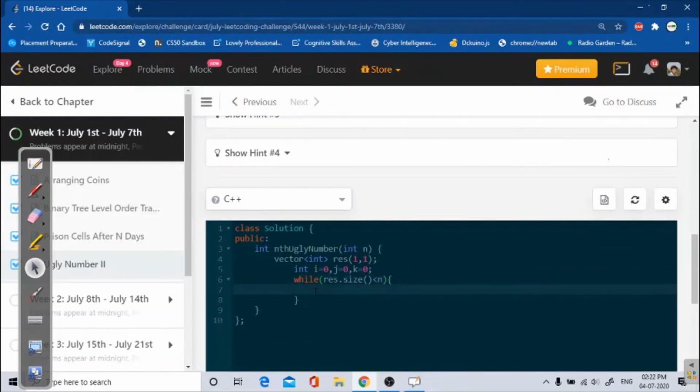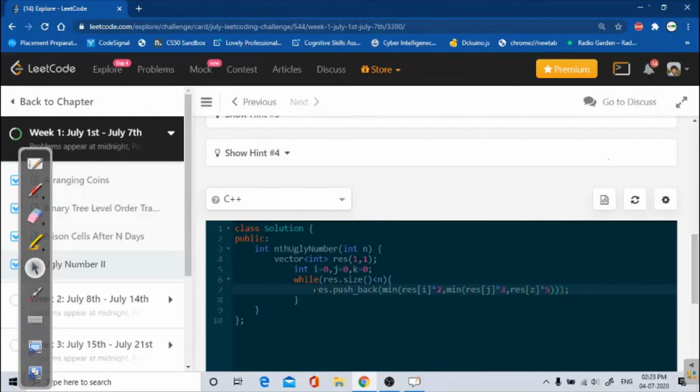So what we'll do is result.push_back the minimum of, what was our formula: result of i into 2, right now i is at 0th index, so result of i, that is 1 into 2, and also the minimum of result of j into 3, it is also pointing to 0 for now, and result of k into 5.